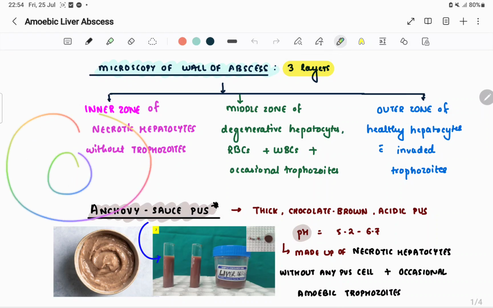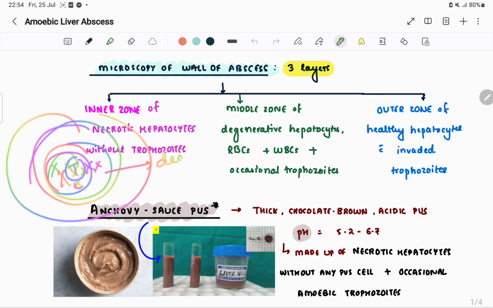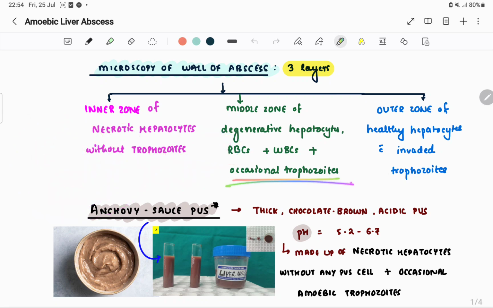The abscess has three layers. The inner layer has dead hepatocytes, and trophozoites are absent, only dead hepatocytes. The middle zone has degenerated hepatocytes, RBC, WBC, all degenerated, and some occasional trophozoites.